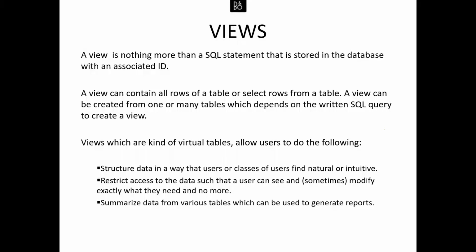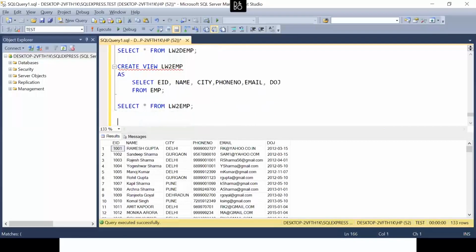Now, summarize the data from various tables which can be used to generate the reports. Now this is the most common utility of views. So, for example, I want to get the salary details of HR team members.